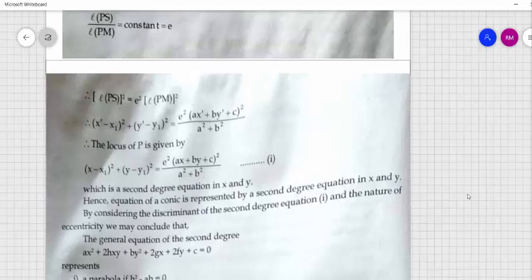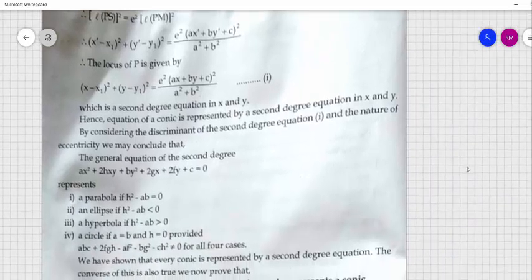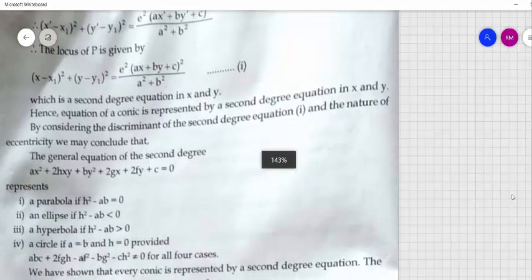Note that this is very important. This is the general equation of second degree and it represents a parabola if h square minus ab equals 0, an ellipse if h square minus ab is strictly less than 0, and a hyperbola if h square minus ab is strictly greater than 0.